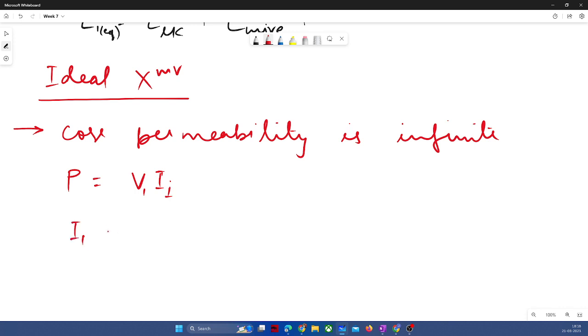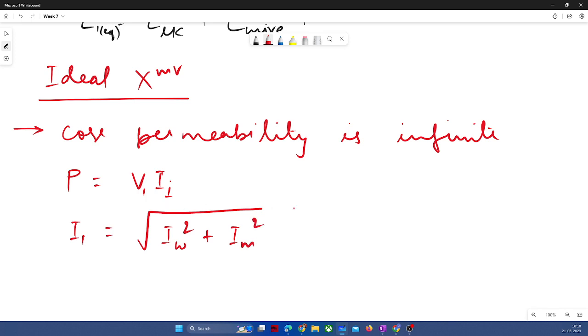Now I1 will have two components. One is the active component, let us call it IW, the working component, and one is the magnetizing component.